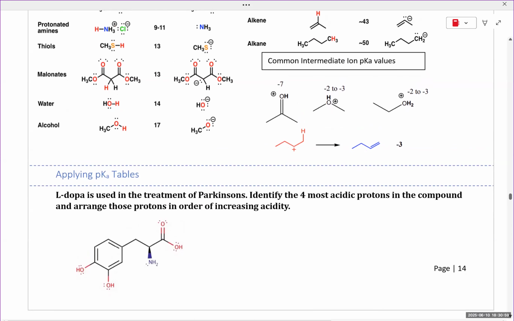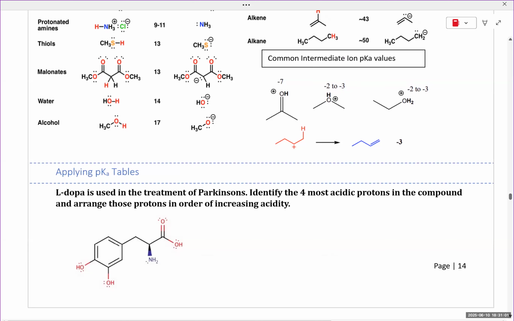Okay, to make sure that we're comfortable using pKa tables, let's look at an example where we apply our pKa table. So in this case, we're given the structure for L-DOPA, and we're asked to identify the 4 most acidic protons in the compound.